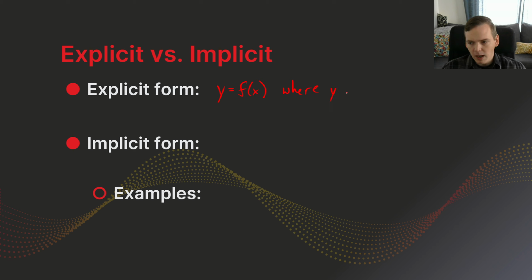where the output y is isolated on one side. Implicit form is y equals some equation that has f and x, where this other side of the equation mixes x and y.